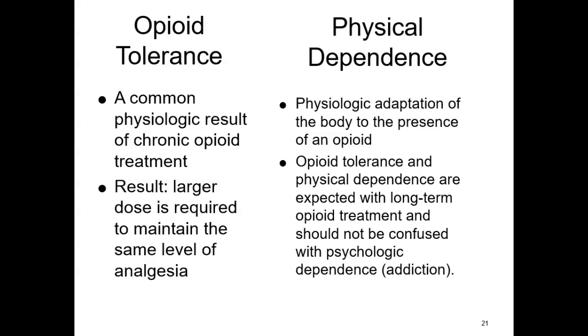Tolerance is basically when a person needs higher doses of the medication to receive the same level of pain control. And this is very common in our people with chronic pain and cancer pain, that they would require more analgesia. Physical dependence is the adaptation of the body to the actual drug in its system. So this is not psychological dependence, though people with psychological dependence also generally have physical dependence for many, many medications and drugs.